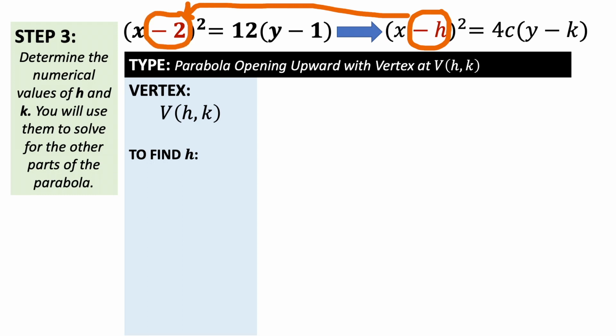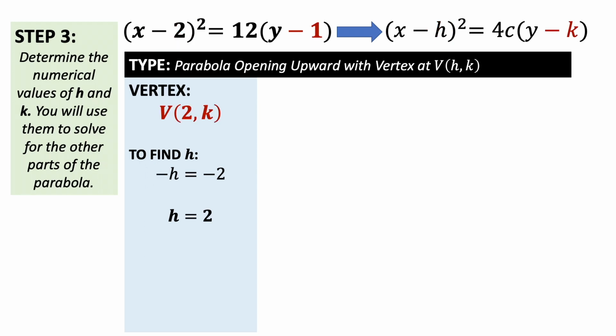Therefore, we have negative h equals negative 2. We will divide both sides of the equation by negative 1 to isolate h. Negative h divided by negative 1 is positive h. Negative 2 divided by negative 1 is positive 2.